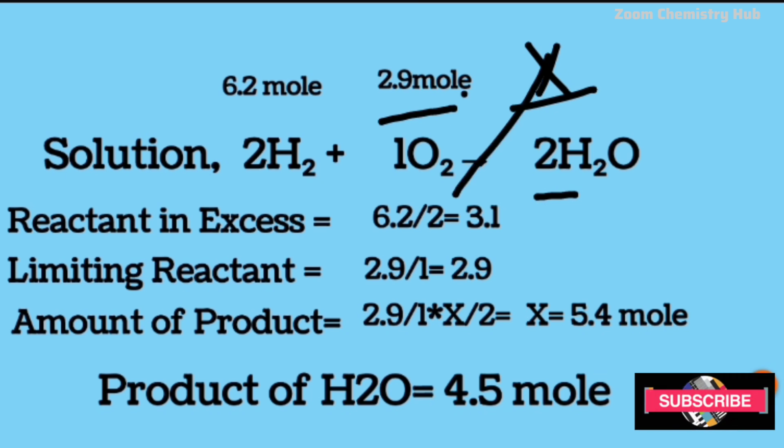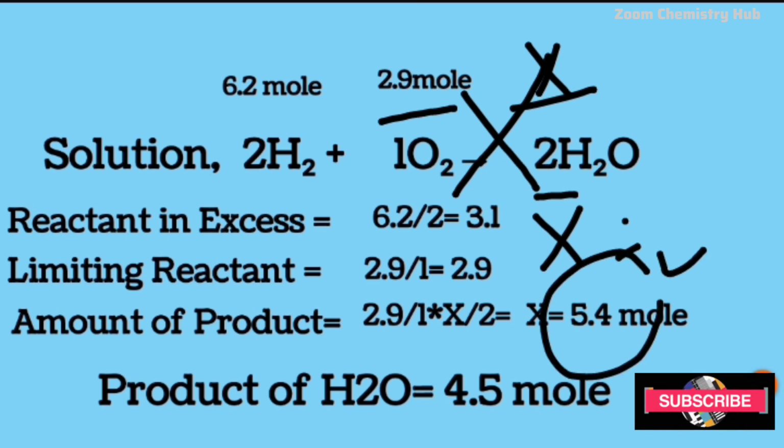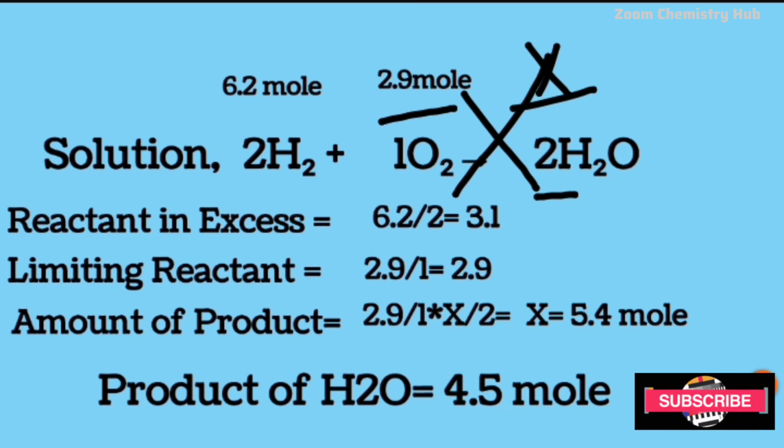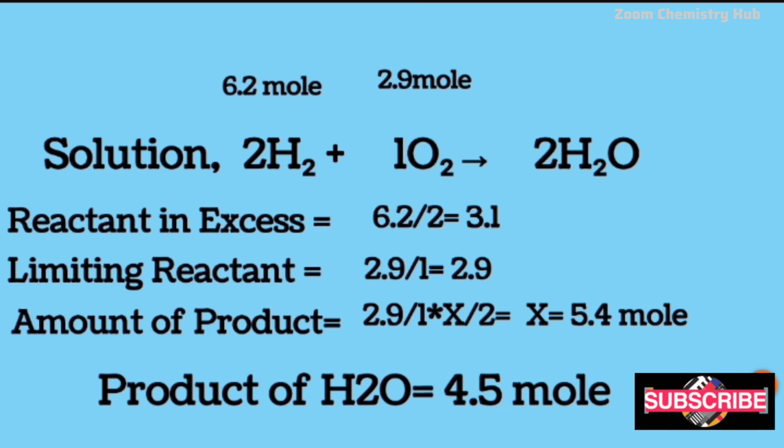Now we cross multiply, then we get x is equal to 5.4. That is, when we cross multiply, then we get the value of x.